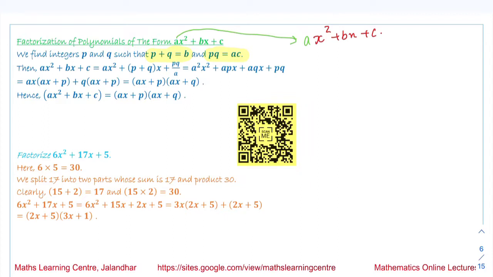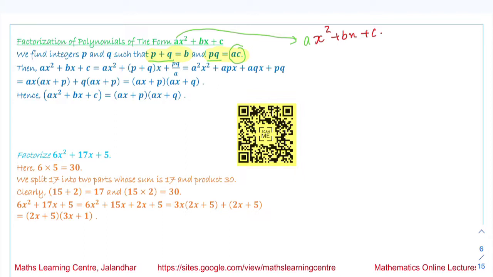But now the difference is that p into q should be equal to a into c. The rest of the procedure is the same.